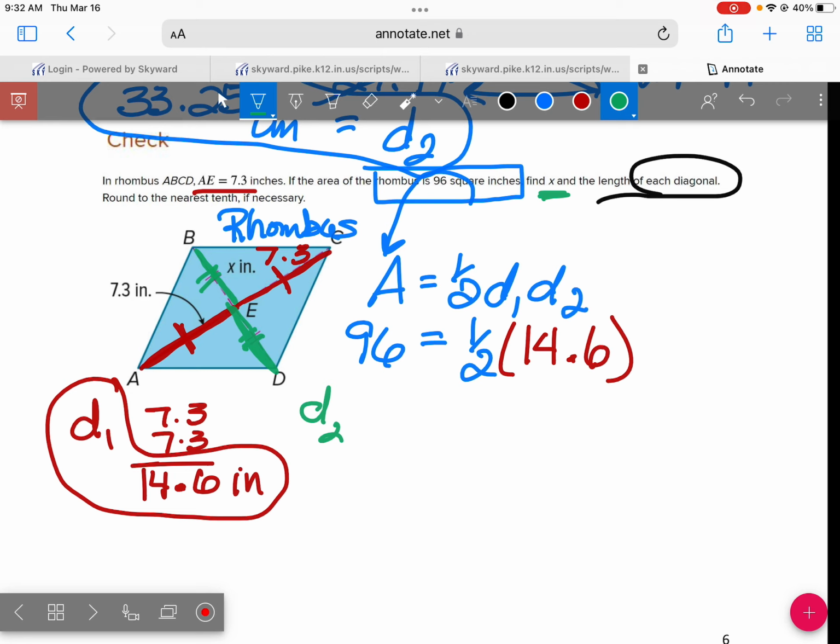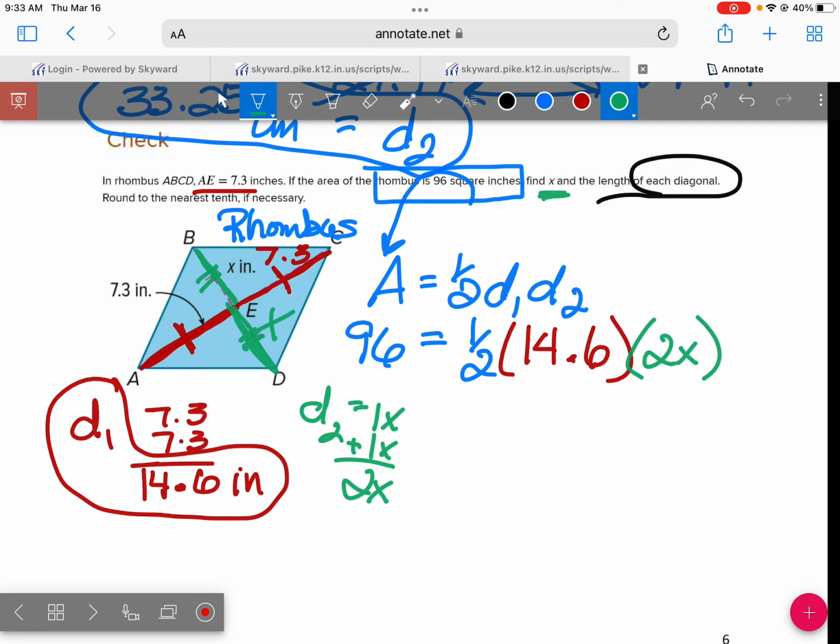So what is that length? X. Now, here's the kicker. What is x plus x? It is not x squared. 1x plus 1x, which is 2x. We're not multiplying, we're just adding them, right? So diagonal 2 is 2x. And that's how I have to leave it for right now. That's diagonal 2.